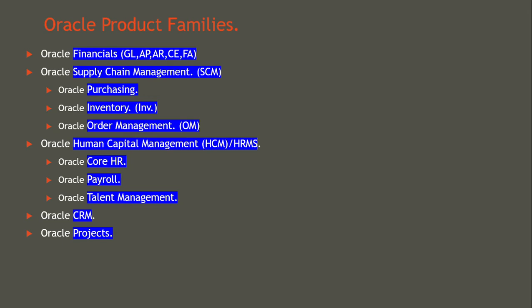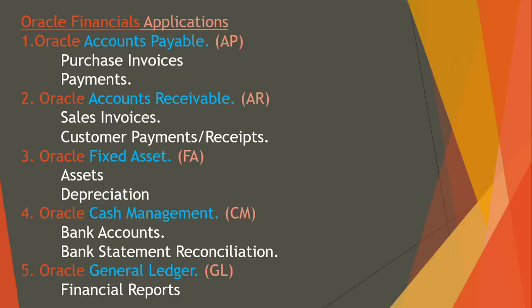On the same, we have our Oracle product families, whereby in our case today we are considering mostly Oracle Financials, that is GL. GL stands for General Ledger. If you can see here, we have Oracle Accounts Payable, or AP. We have Oracle Accounts Receivable, AR. Oracle Fixed Assets, FA.